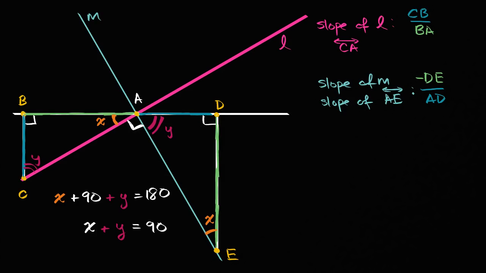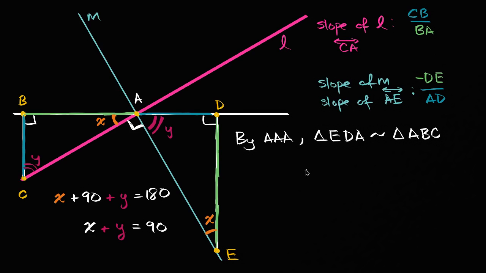So just by angle, one of our similarity postulates, we know that triangle EDA is similar to triangle ABC. And so that tells us that the ratio of corresponding sides are going to be the same.